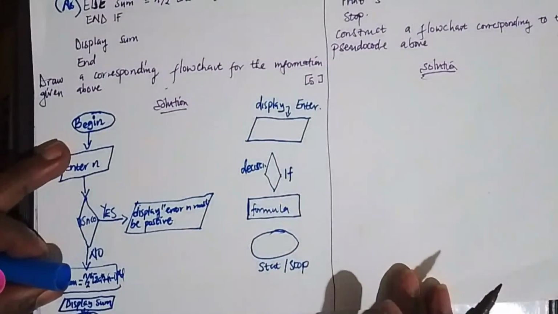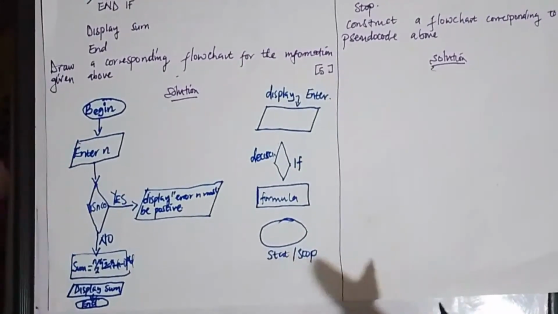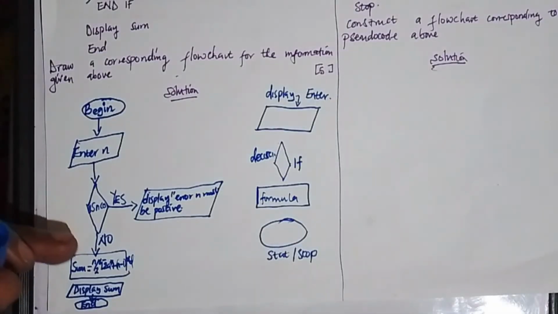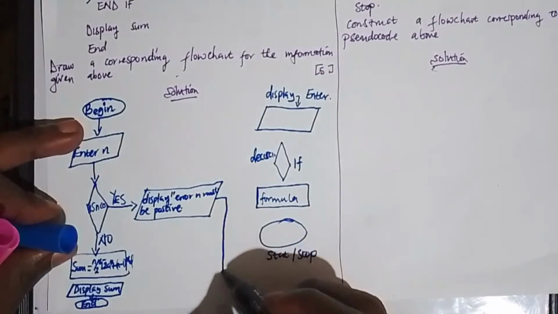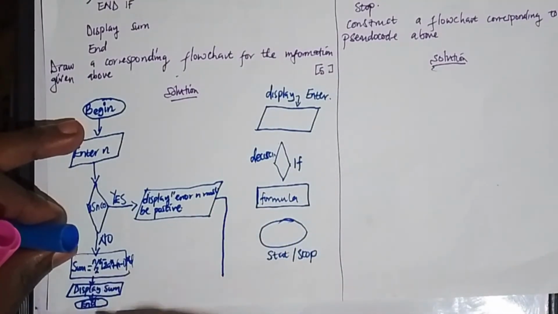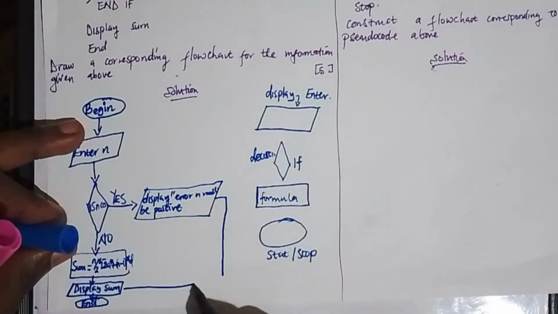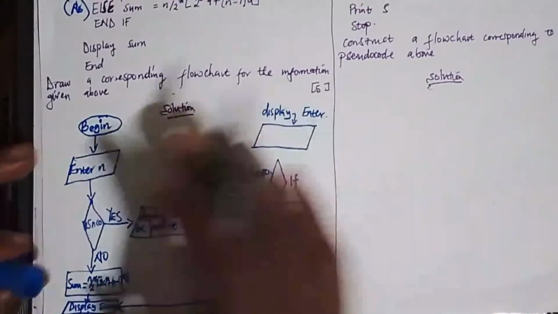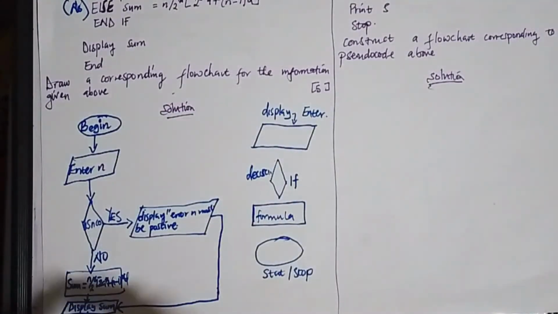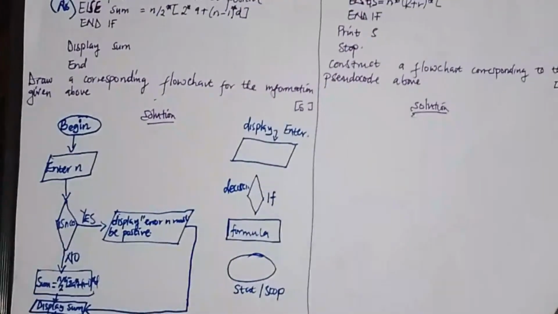So this is how simple a flowchart is when it comes to drawing it. This is how you can write a flowchart in paper 2.